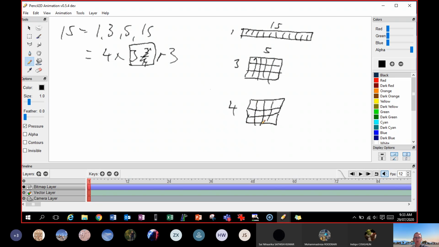So what is 4 into 15? It would make 3 rows. Sorry, the 4 should be here because it's 4 across. You would have 3 remainder 3 because you've got 3 remaining, and that 3 remaining is really over 4 because we're trying to put it in 4. So it's 3 and 3/4.